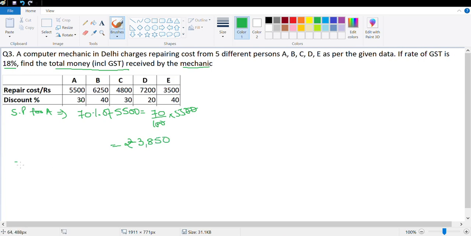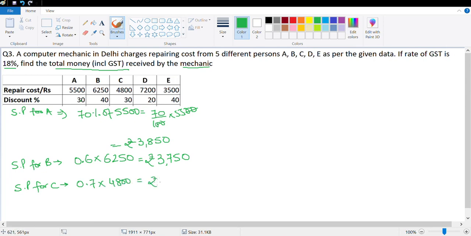So SP for B would be equal to 60%, so that's 0.6 into 6,250. 60% of 6,250. So that's 3,750. Next, let's calculate for C. SP for C would be 30% discount, which means 70% of 4,800.